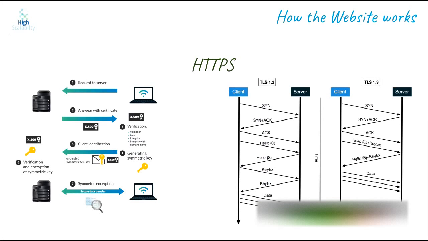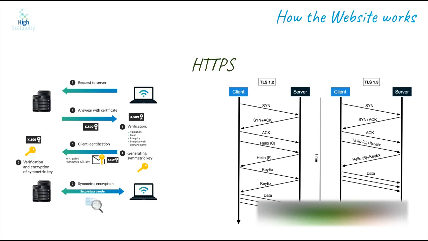So if you see in HTTPS, the secure socket layer or TLS, we could see that the client is requesting a page from the server, and the server responds back with a certificate. At the client side, we verify the certificate and see the trust, integrity, everything, and send back the certificate verification along with the key to the server.